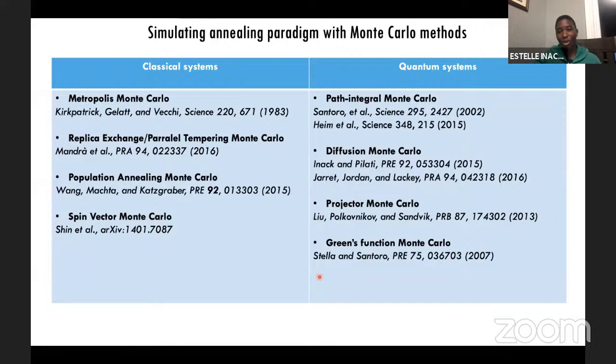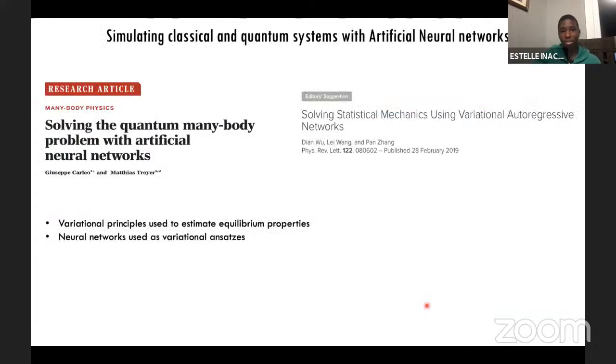And so we took inspiration from very recent methods that were built for machine learning and that were also used to simulate equilibrium properties of both classical and quantum systems. These use neural networks, especially the seminal work by Carleo and Troyer, where they use the restricted Boltzmann machine, which is a specific kind of neural network, to probe the properties of quantum mechanical systems.